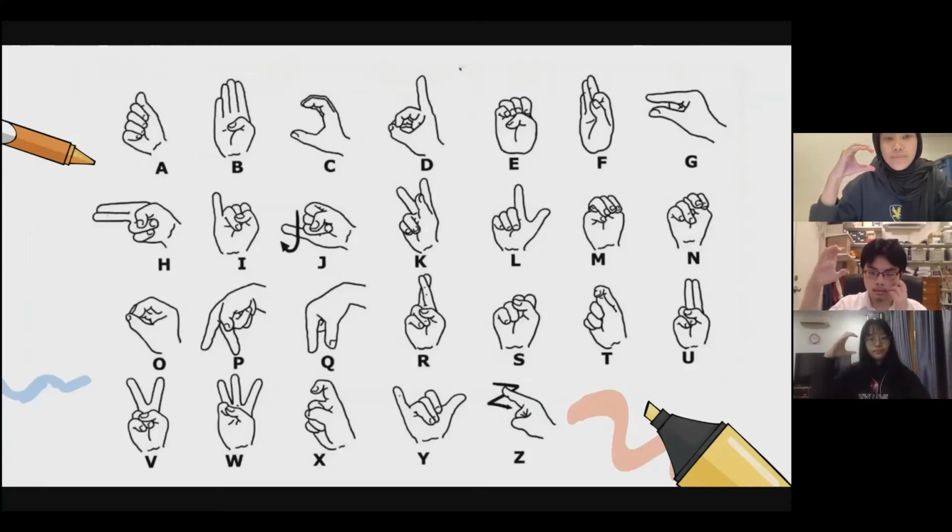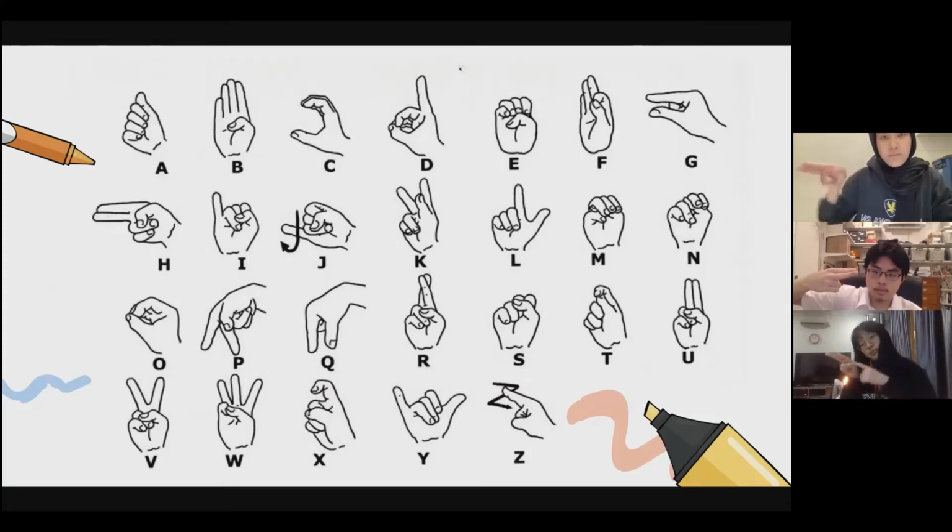C. D. E. F. And G. So basically you just point directly onto your left side. All right. So next is H, which is just sticking out two fingers.